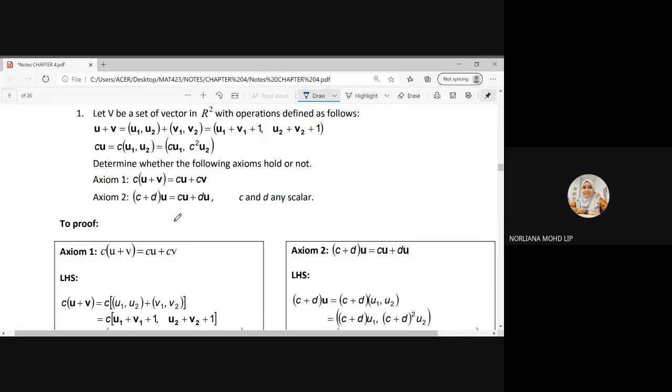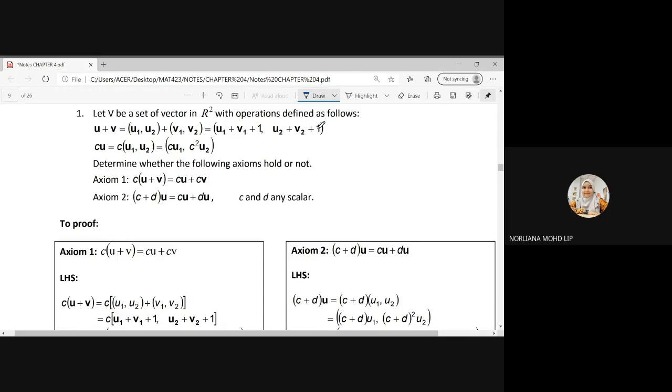Macam ni contoh ni kan, prove dia pilih axiom 1, Cu plus V equal to Cu plus Cv, and prove axiom 2, C and D is scalar, C plus D times vector U. So kena prove 2 axiom ni lah.